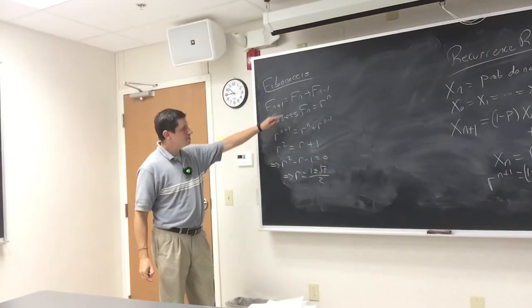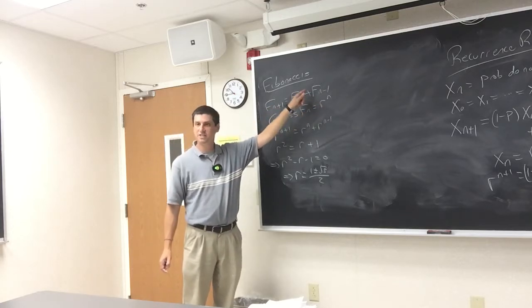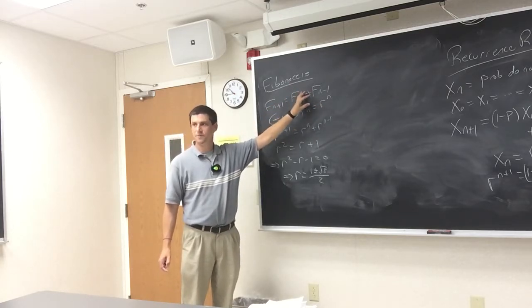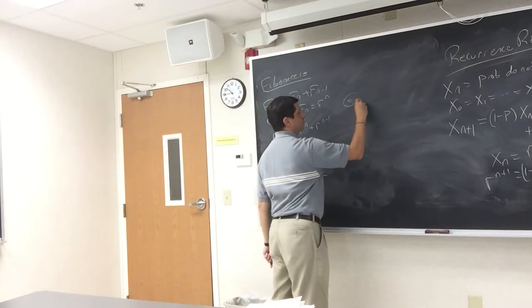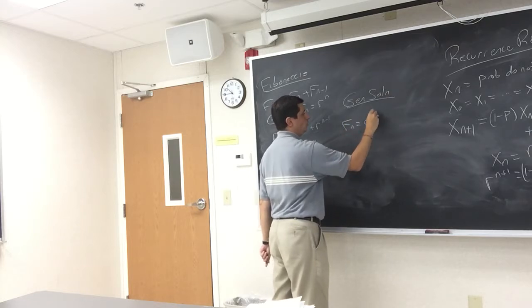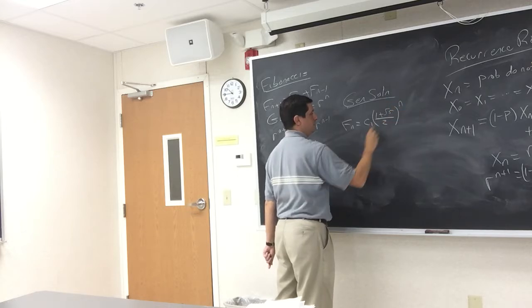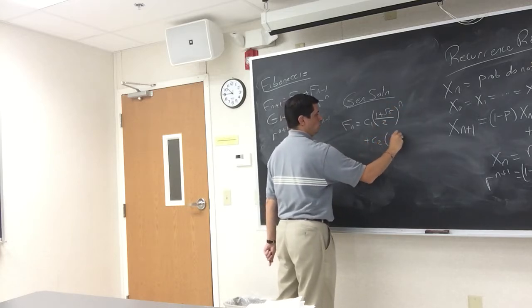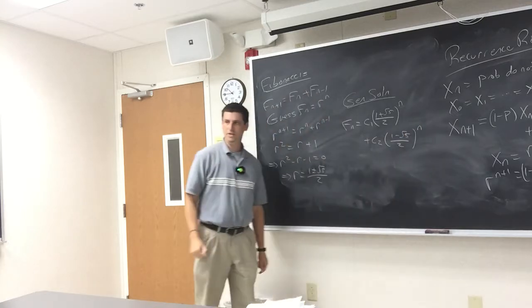And so if you guess r to the n, it's a solution. If I multiply this by 5, it's still a solution. It's a linear relation. If I add two solutions, it's a solution. So the general solution is f sub n is c1 times (1 plus root 5 over 2) to the n, plus c2 times (1 minus root 5 over 2) to the n.